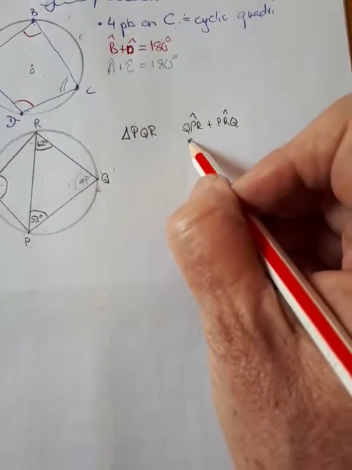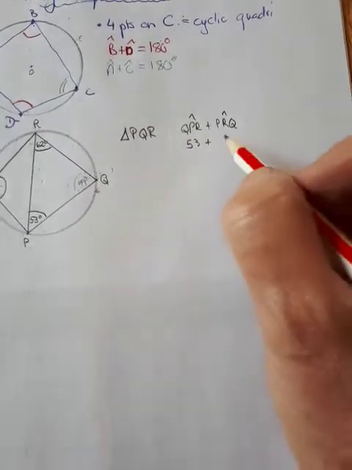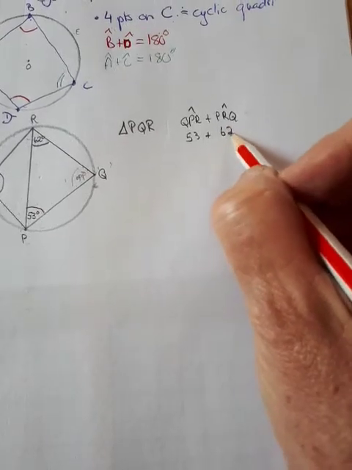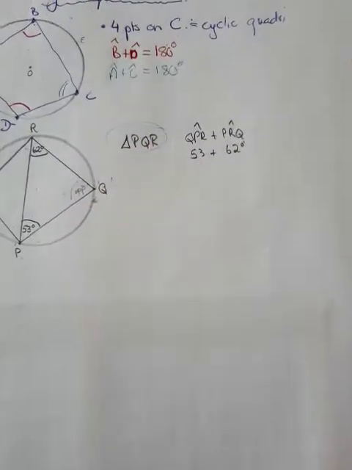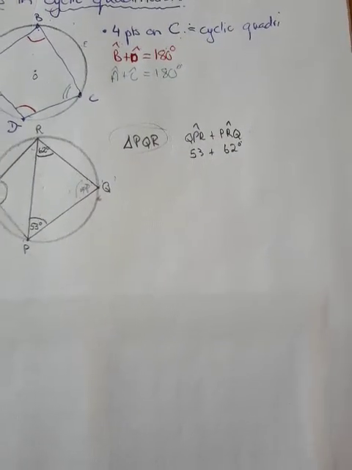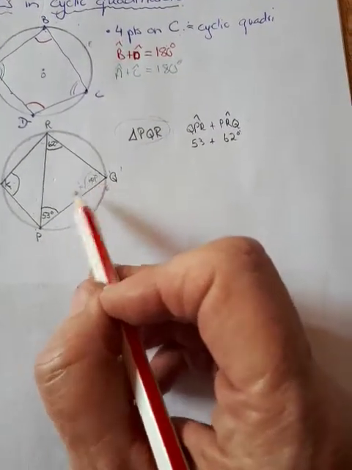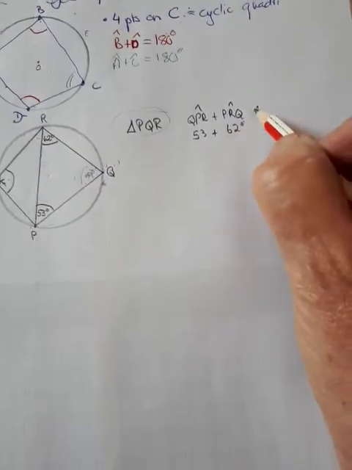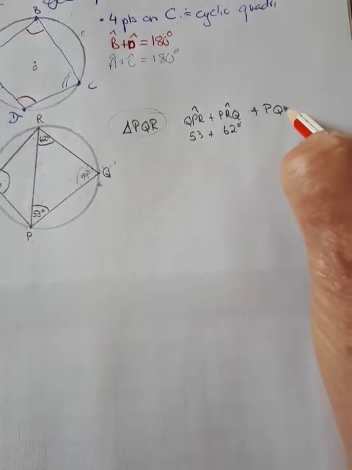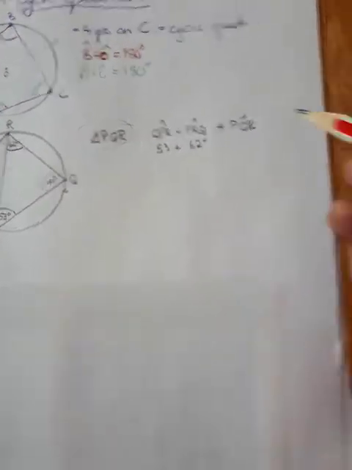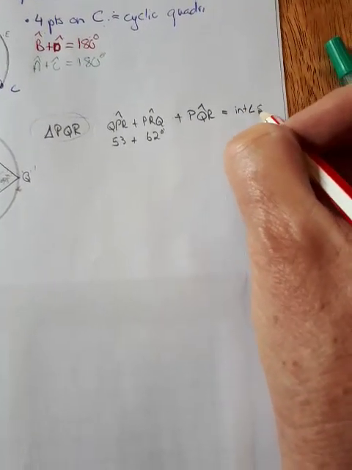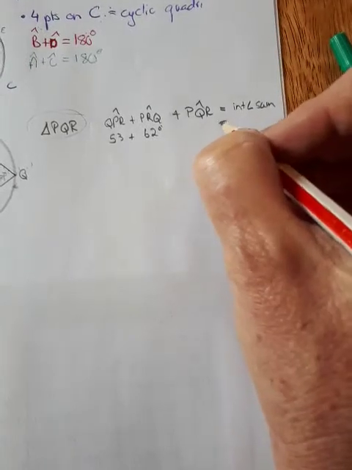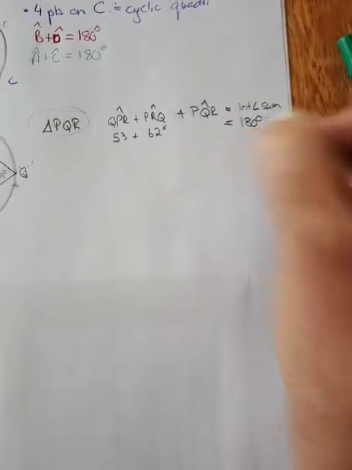So QPR is 53 and PRQ is 62. What do we know about triangles, people? If you now would add the angle PQR to this, you would come up with the interior angle sum of a triangle, which you should know is 180 degrees.